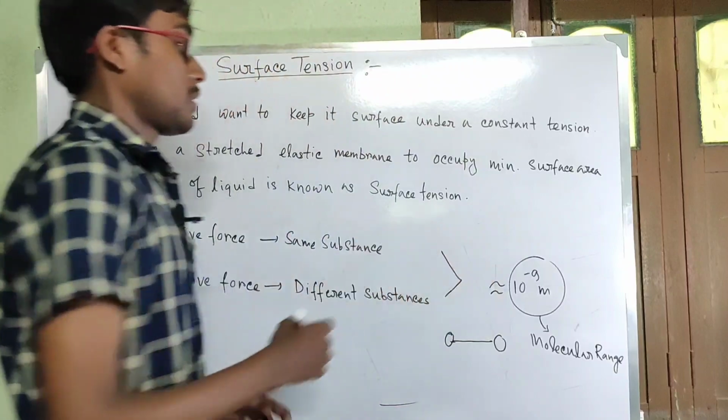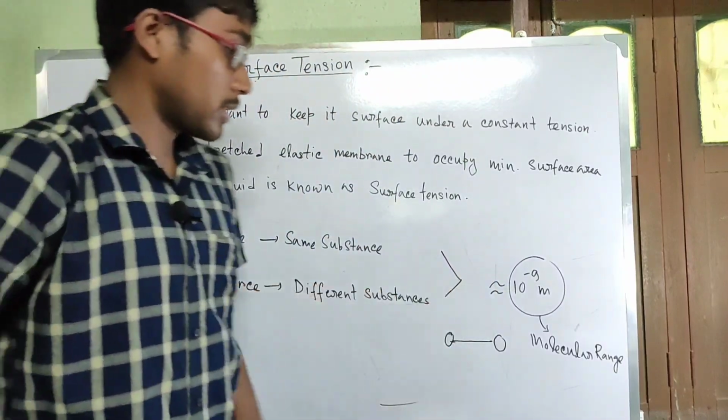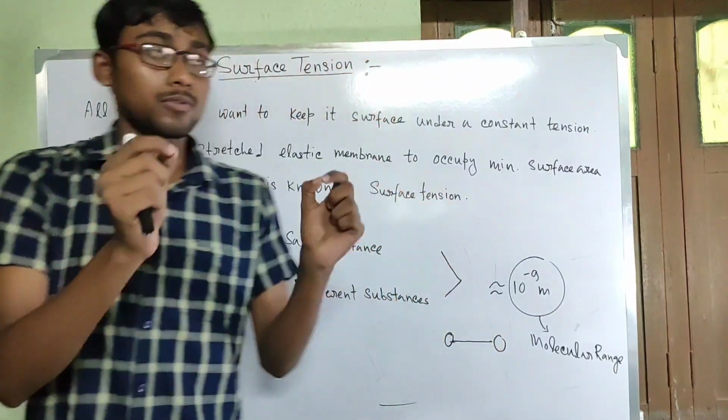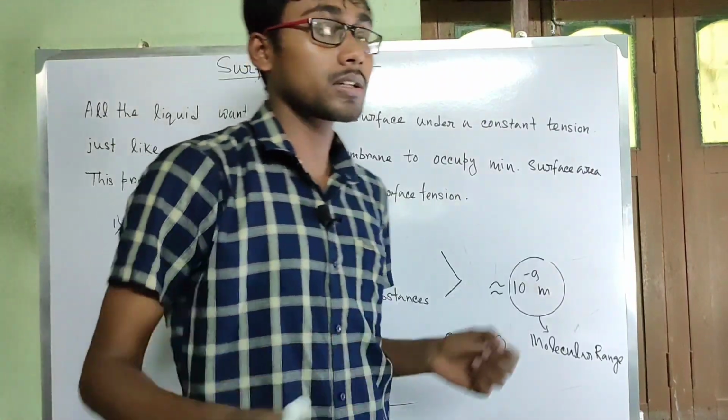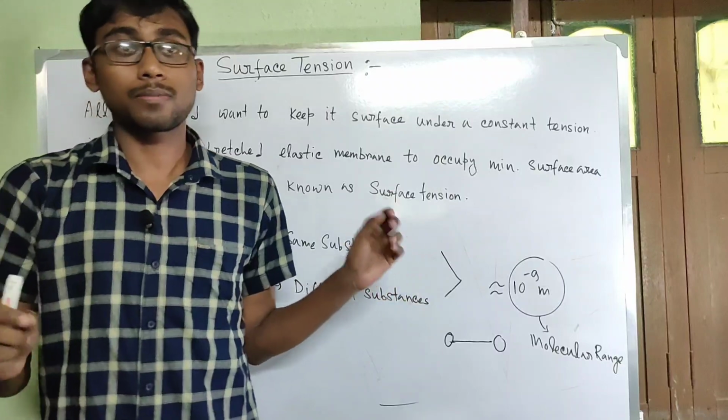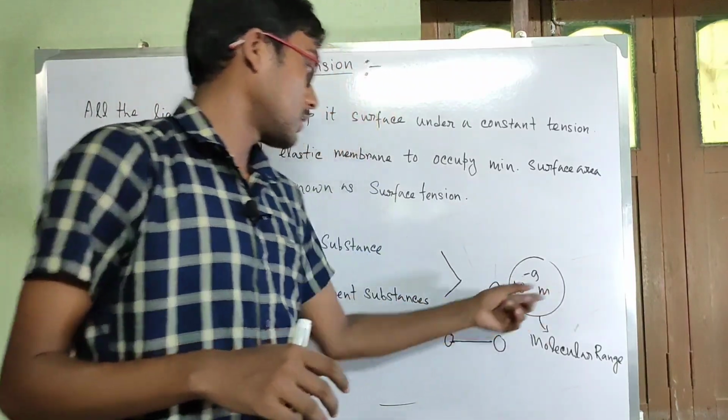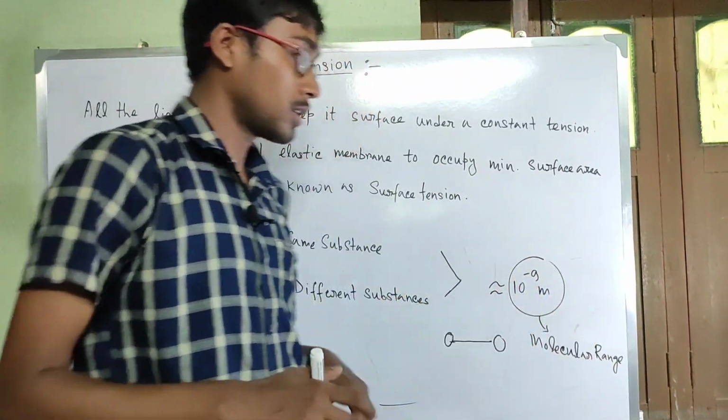Up to 10 to the power minus 9 meter this force is applicable; if the distance is greater, it is negligible. So that distance is known as the molecular range.